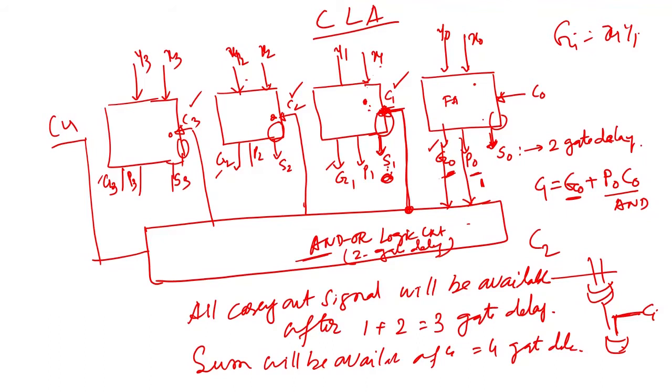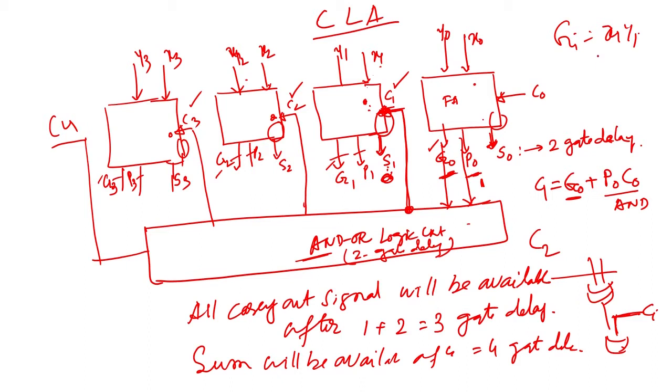If you remember this diagram here, we said we have to generate G0 P0. So, G0 P0, G1 P1, G2 P2 and G3 P3 will be generated in a single gate delay.